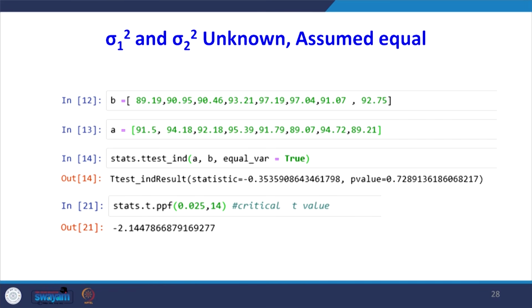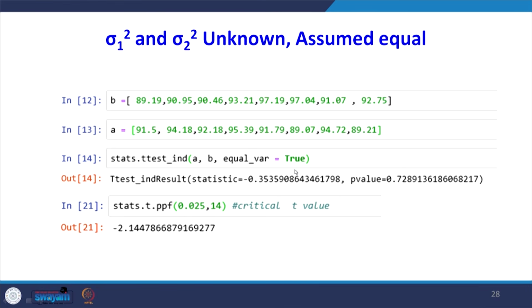Now with the help of Python, when sigma 1 square and sigma 2 square are unknown, assuming equal variance, we will solve the problem. I have taken an array A, and I have taken the next one as B. You call stats.ttest_ind, with arrays A, B, equal_var equal to True.